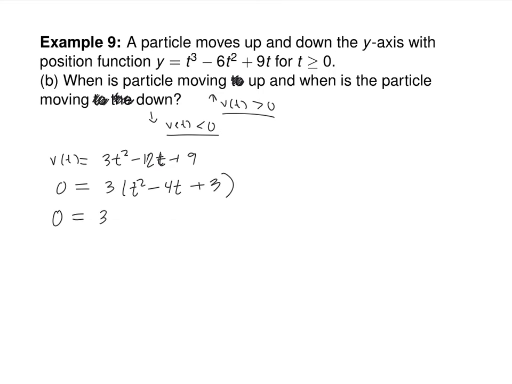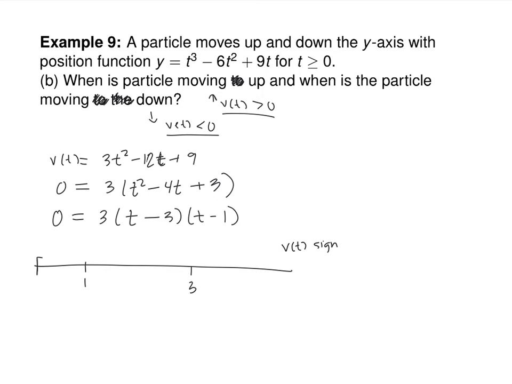So v of t has sign changes at 1 and 3. Technically, we go from 0 on up. So initially, is the velocity positive or negative?